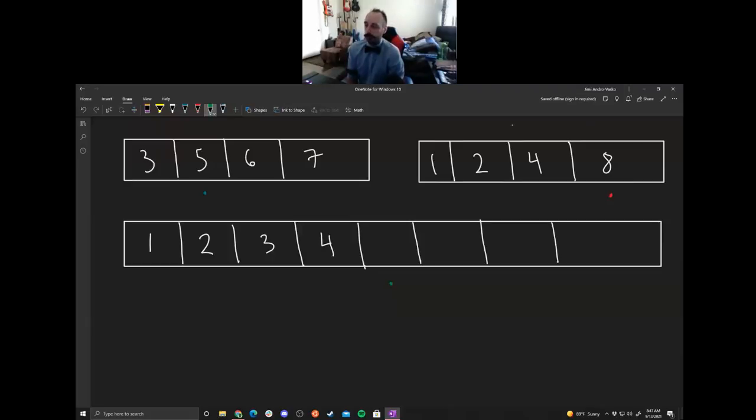It looks like the blue element is smaller, so write that blue element 5 into this array, move this counter over by 1, and move the green counter over by 1 as well. And again, we compare. It looks like the blue counter is smaller because it contains 6, and the red element contains 8. So go ahead and write the 6 into the green position. Move this over by 1.